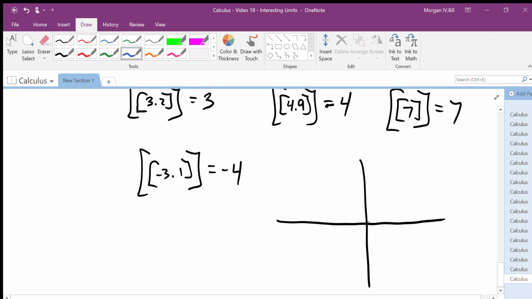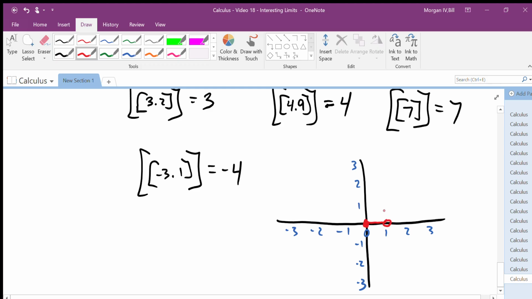The picture, the graph of the greatest integer function looks like this. Let's see, here's 0, 1, 2, 3, negative 1, negative 2, negative 3. It looks like this. Everything between 0 and 1 drops back to 0, including 0 itself.